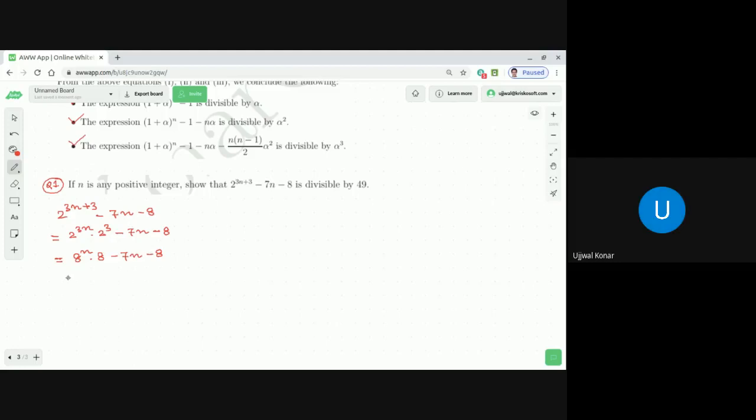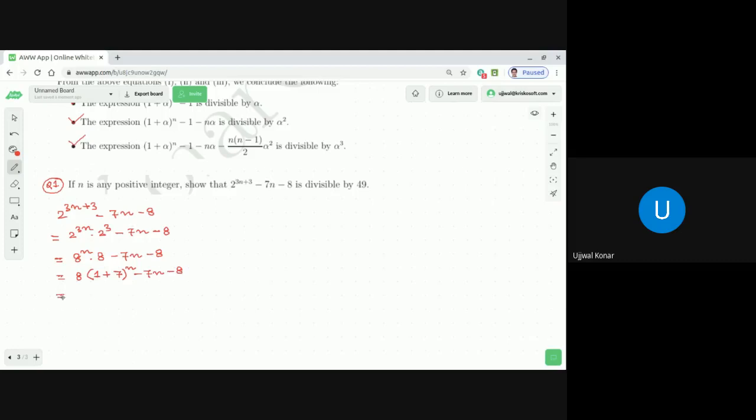So now we can write 8 to the power n is equal to (1 + 7) to the power n. So we can write 8 into (1 + 7)^n, minus 7n, minus 8. Correct or not?